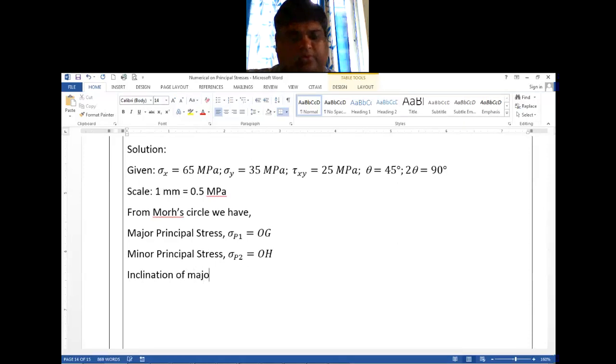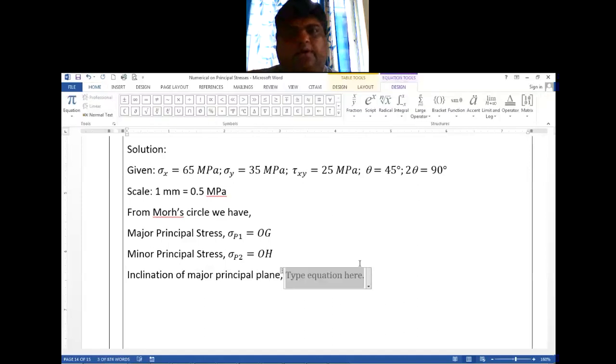Inclination of major principal plane, this is theta P1.